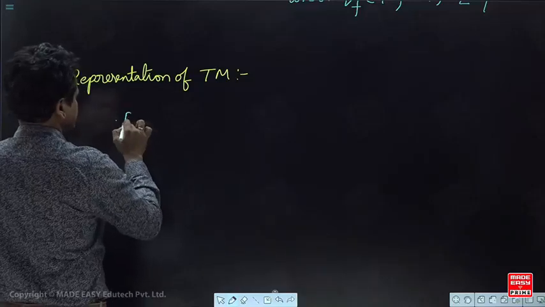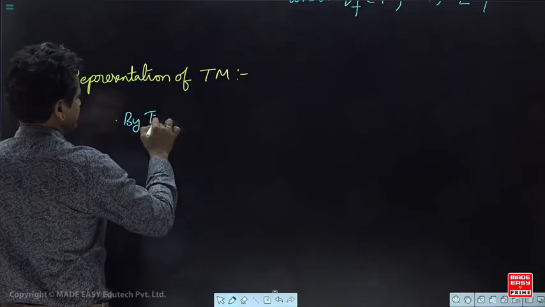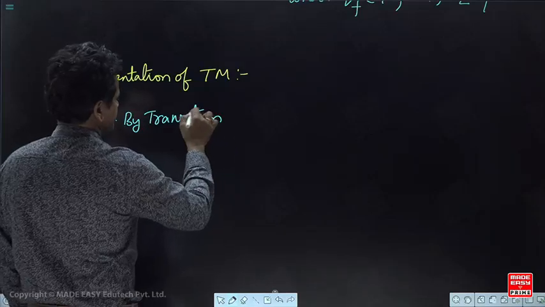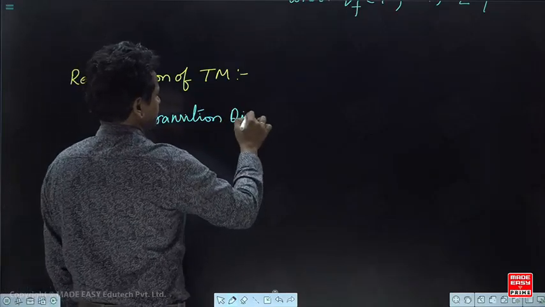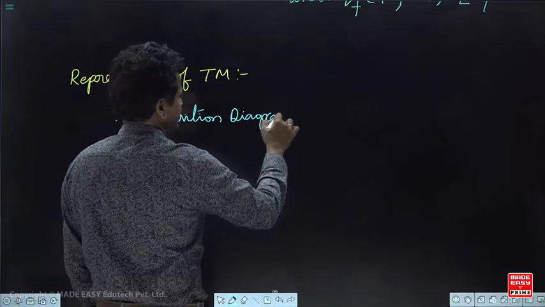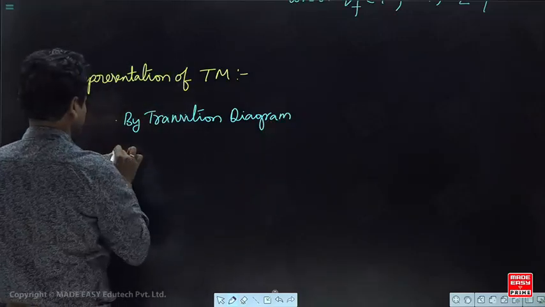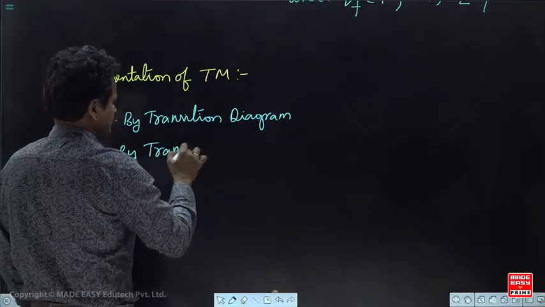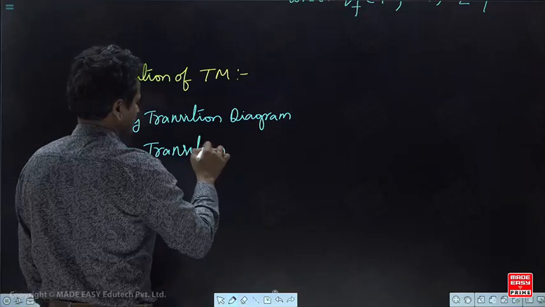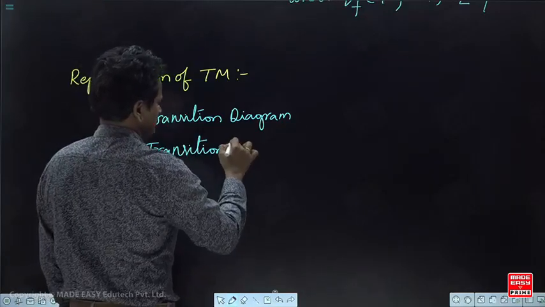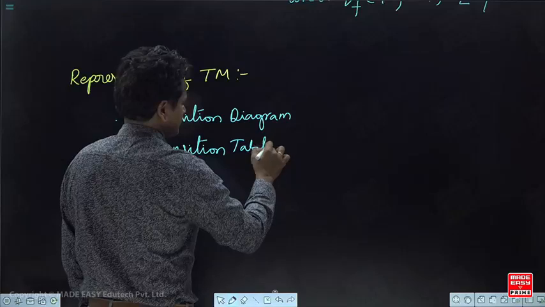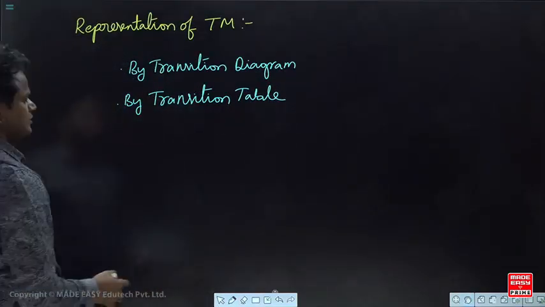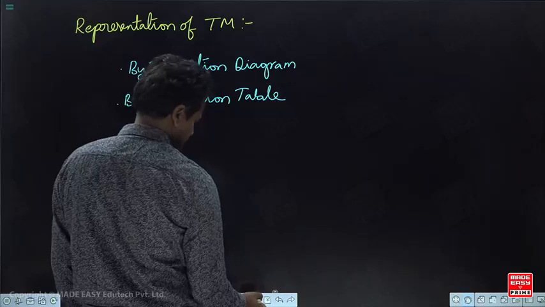One is by transition diagram. The other one is by transition table. Transition diagram and transition table. So we'll go for the diagram first.